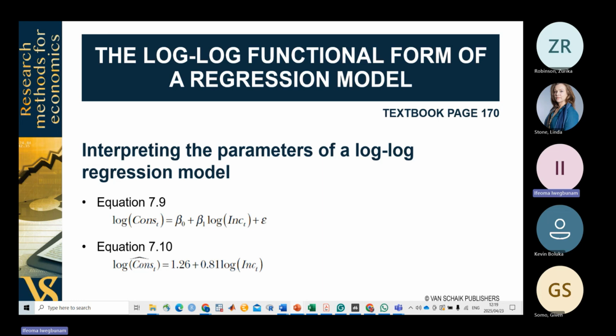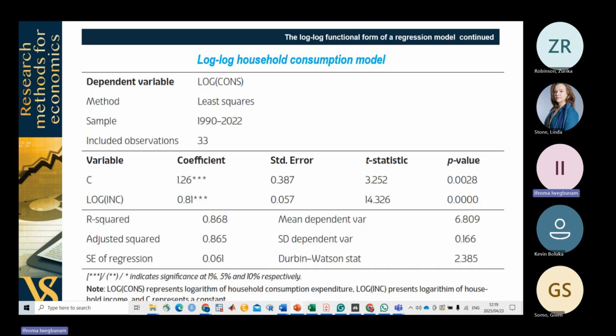And we can see from equation 7.10 in the recommended textbook that there is a 1.26, like consumption increases on the average, say by 1% when income increases by 0.8% in the regression analysis. So we need to look at it like that and be able to use it to interpret the results from the variable.